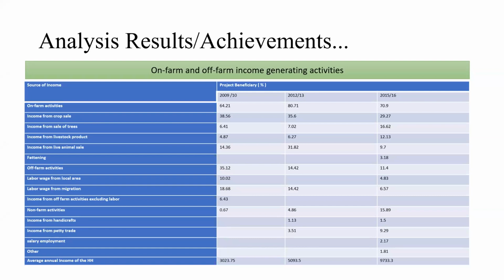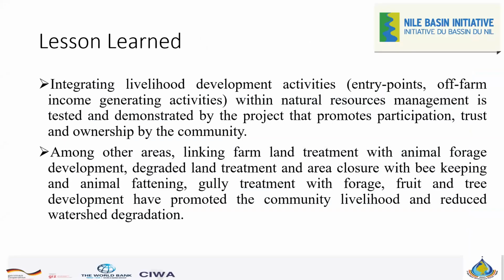So these are some of the information on the lessons learned from the implementation of this project. Integrating livestock as an entry point for farm income generating activities within natural resource management is tested and demonstrated by the project that promotes participation, trust and ownership by the community.